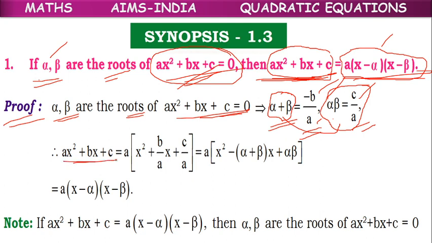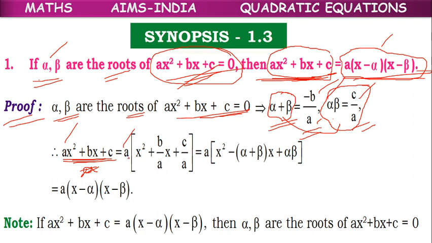Suppose this is the given expression. Let's divide the given expression by a, so let's take a as common.